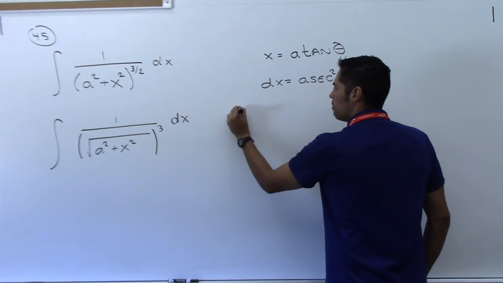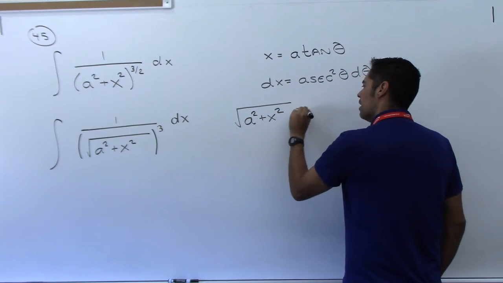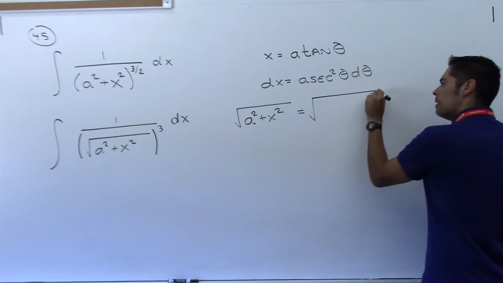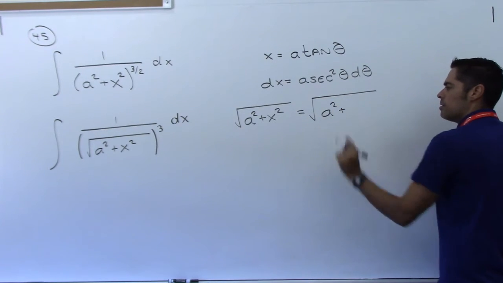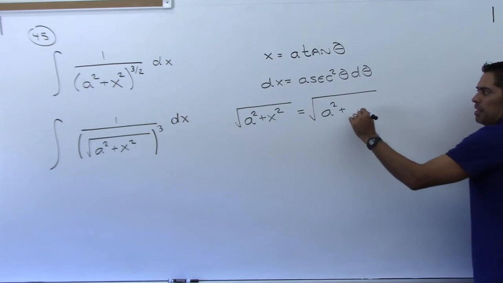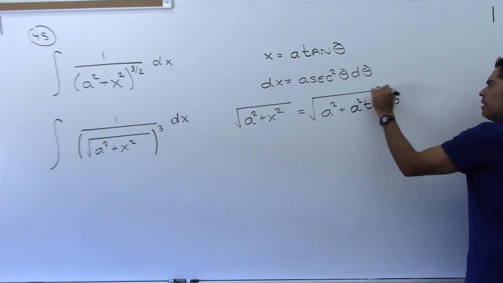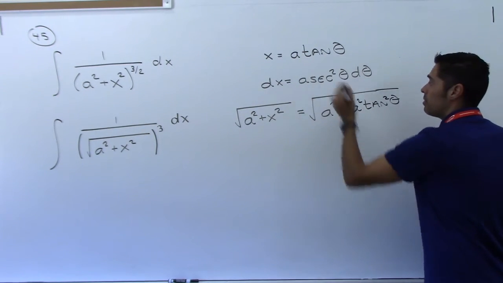And then the square root part of this: a squared plus x squared is a squared plus a squared tangent squared theta. So you're squaring x.